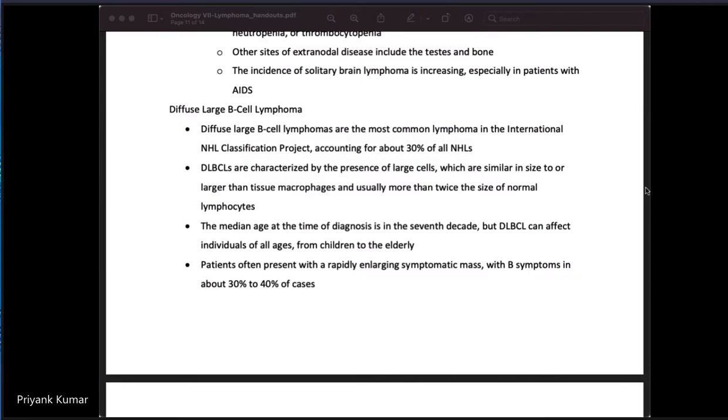And this will express a chimeric antigen receptor. That's why it is called CAR, chimeric antigen receptor.